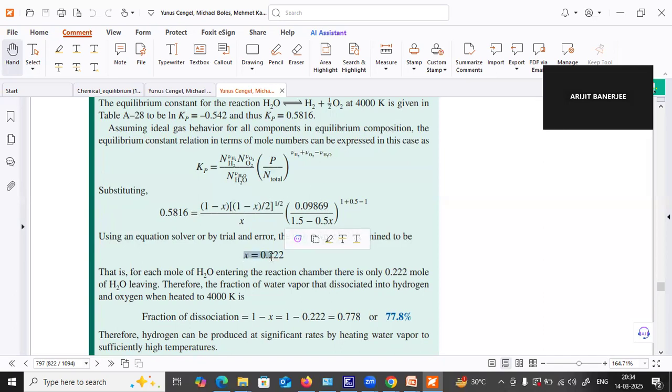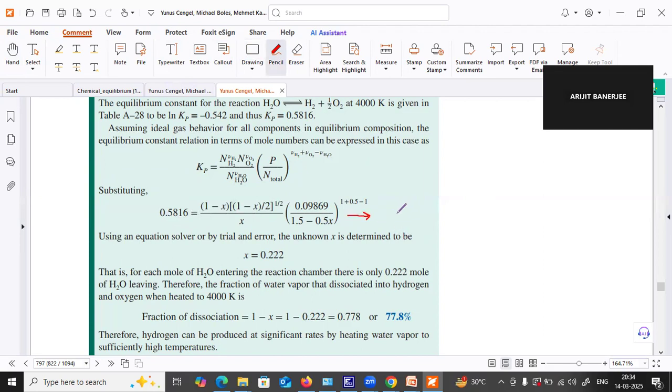Trial and error you can do by hand calculation, or you can solve it using some program. So what is the relation? Can you just see? Let me write that relation, simplified.